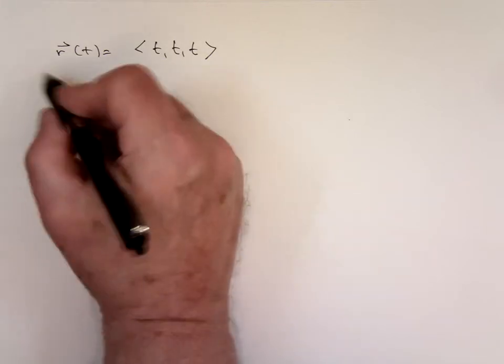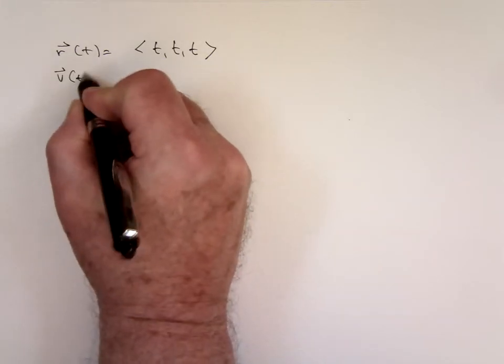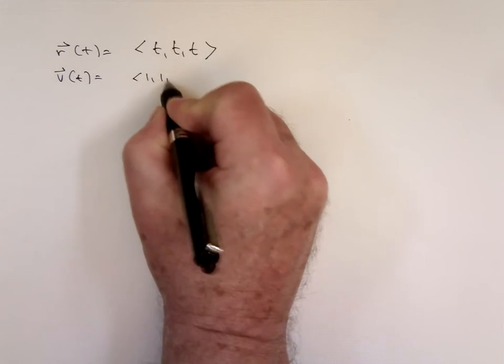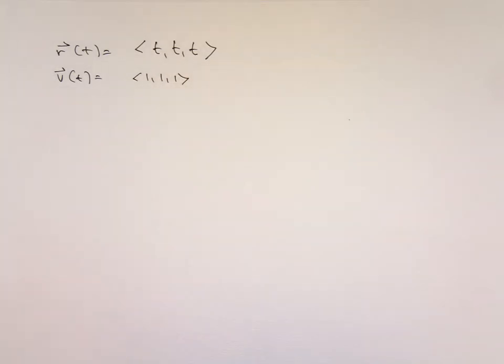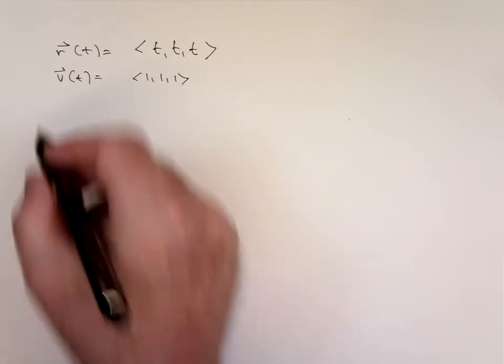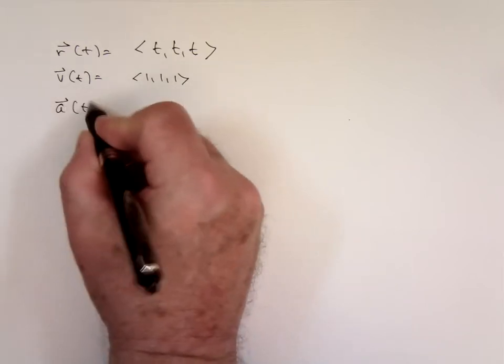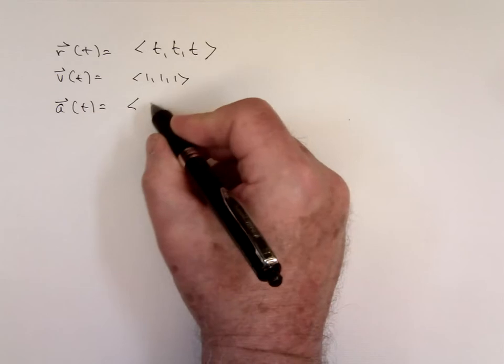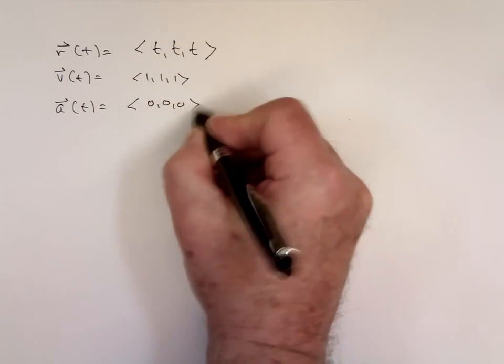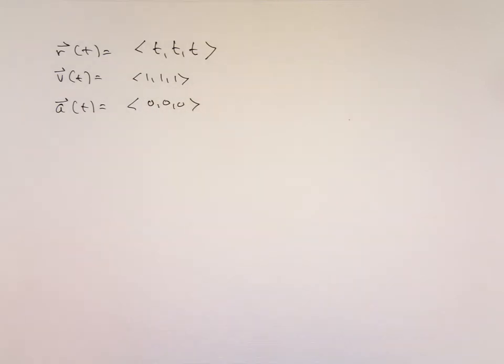We got that line. So, what do we have to do? Velocity. 1, 1, 1. It doesn't matter what time, because it's a constant 1, 1, 1. Acceleration. Take the derivative of velocity. 0, we got no acceleration. It means we have a constant velocity.